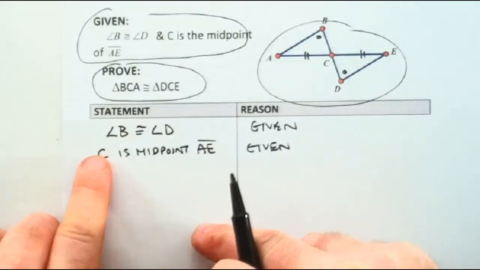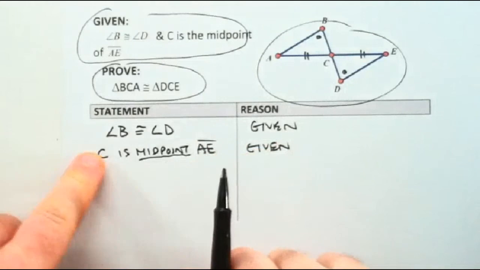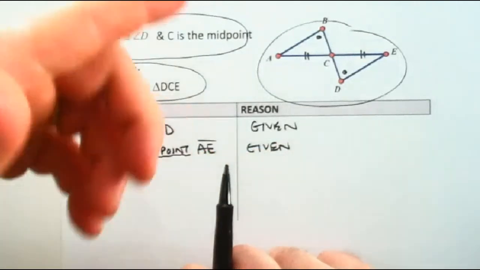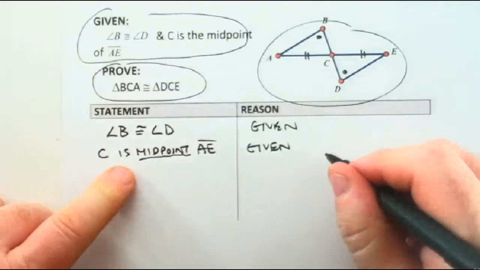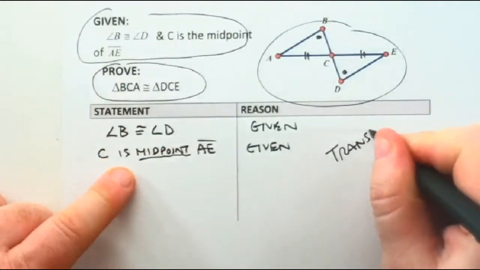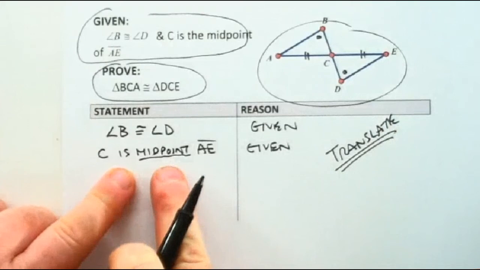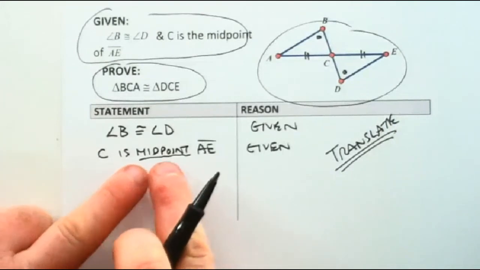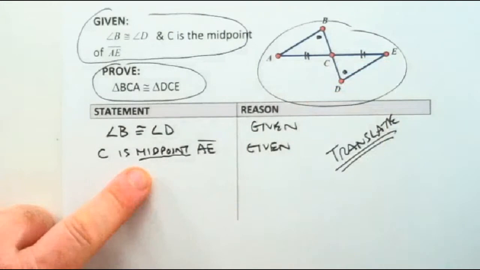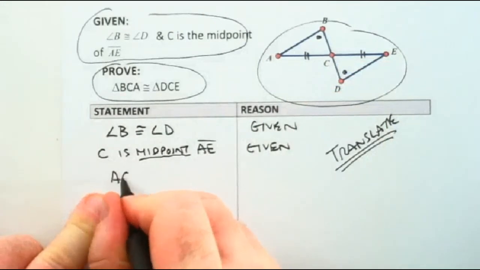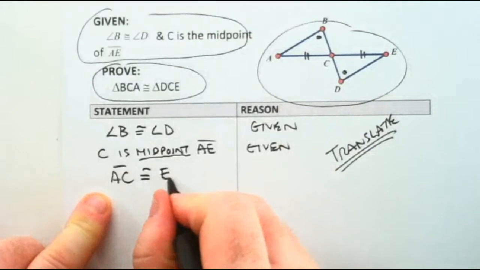Listen carefully. When words or definitions are given in word form as part of a given or as a statement, you should always translate that into more specific information. Let me tell you what I mean by that. You tell me something about a midpoint, I need to know about sides though. So now I should say AC is congruent to EC.